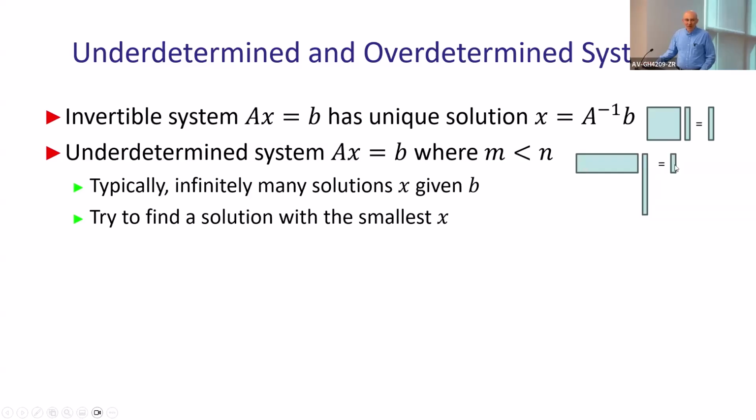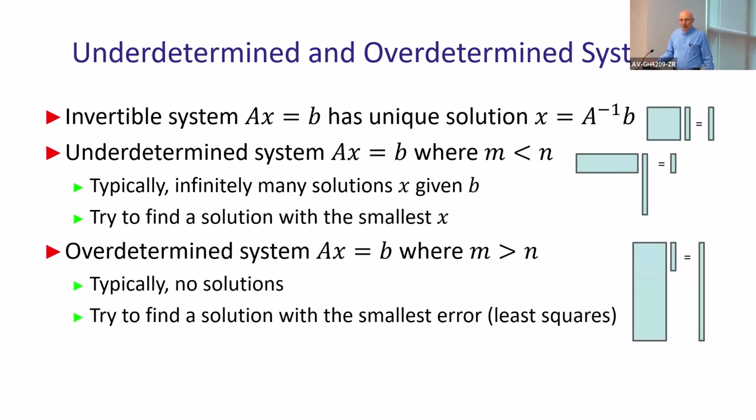So this will be an n by 1 vector, and this will be an m by 1 vector for matrices m by n. And this matrix is clearly not square, so you cannot invert it really. And we are trying to find that smallest x in terms of norms that I just defined. Since you have an infinite number of options here, typically, again, it's typical, not always, you have an infinite number of solutions.